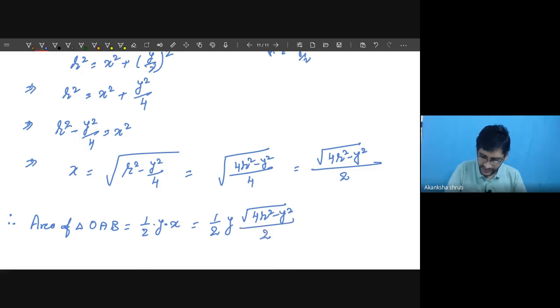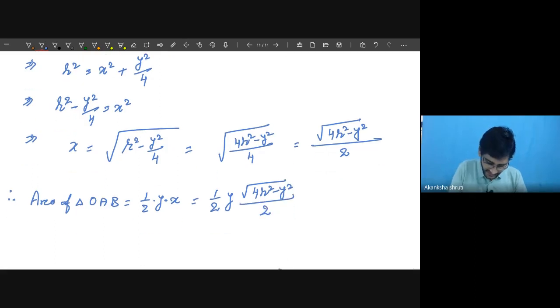Here we are getting, it gets converted into 1/4 of y under root of 4r square minus y square. Sometimes 4r square may be written as only d square. Okay, student?